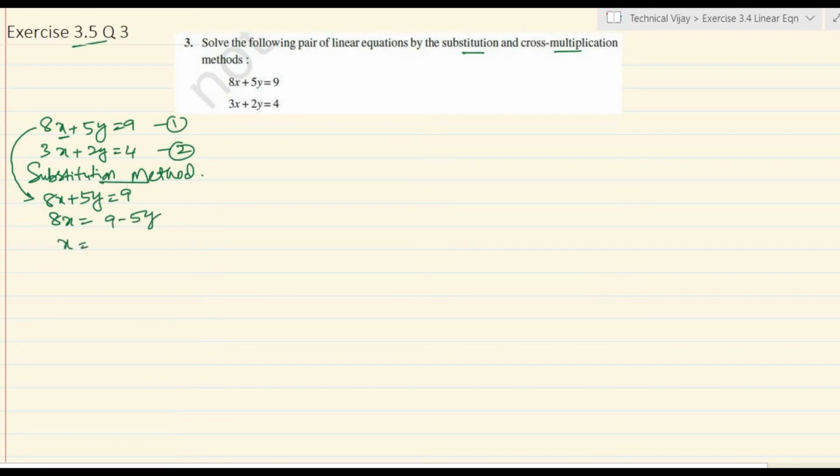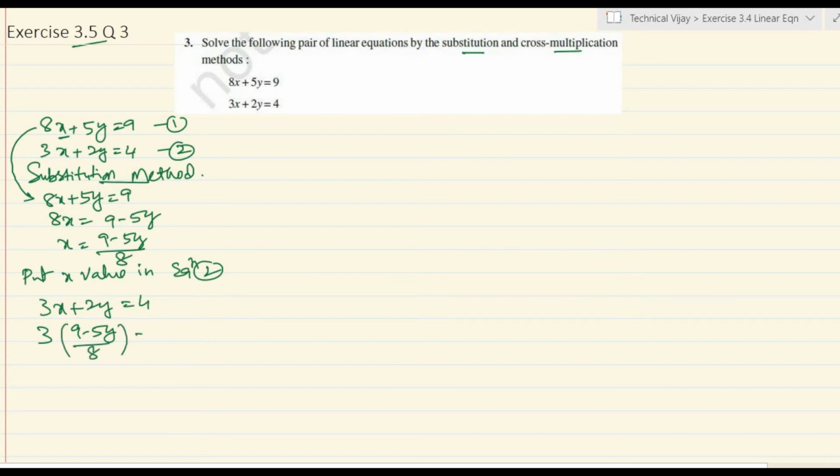So x is equal to (9 minus 5y) divided by 8. So put x value in equation 2. So equation 2 is 3x plus 2y is equal to 4. So 3, x value (9 minus 5y) divided by 8, plus 2y is equal to 4.